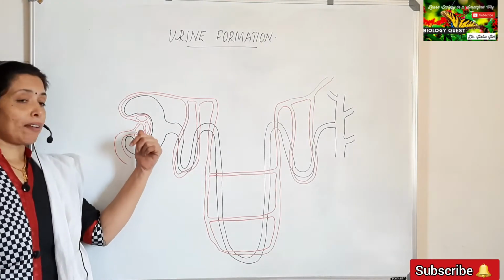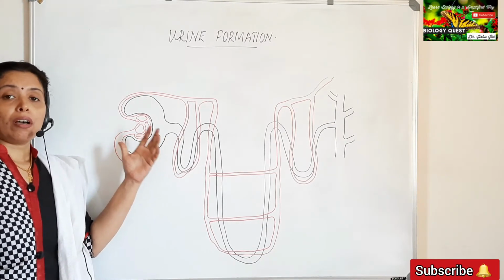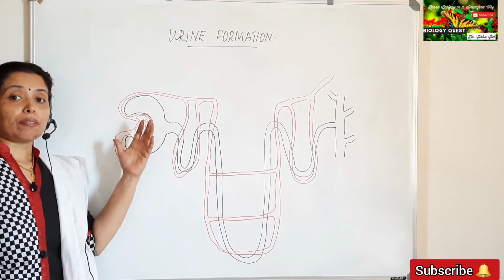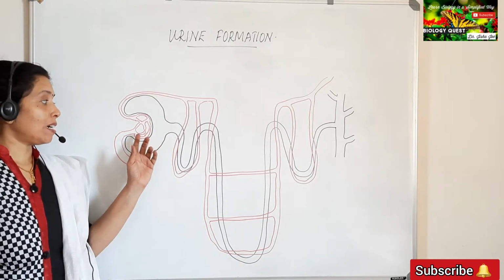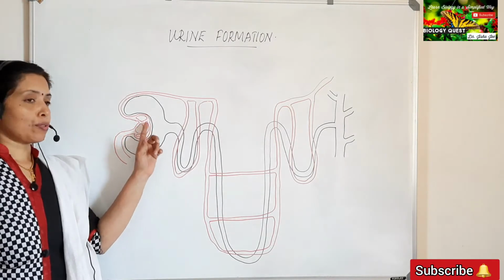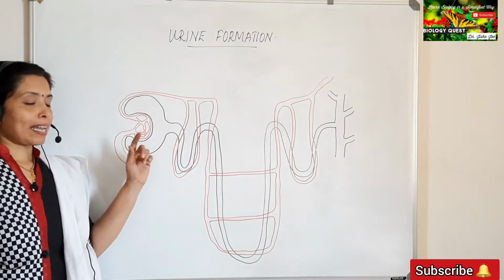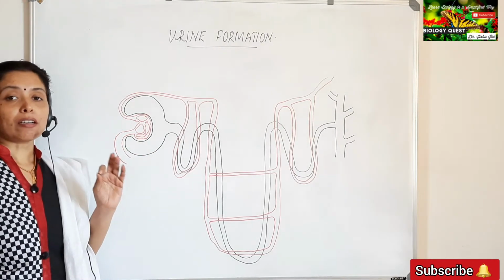In the concavity of the Bowman's capsule, the arteriole divides to form capillaries, and a knot-like mass of capillaries is produced inside the concavity of the Bowman's capsule. This knot-like mass is called the glomerulus.